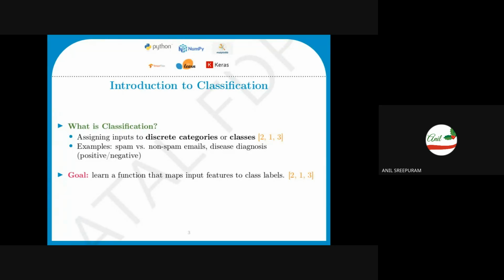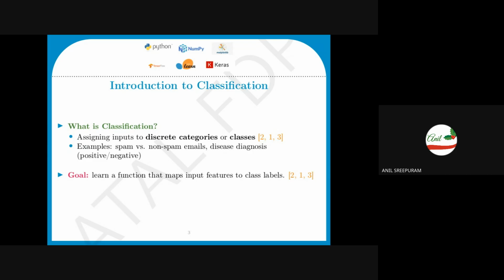Generally, our task is to categorize our inputs to separate discrete categories. And here the goal is actually we'll be given some input features, and based on these features, we want to categorize your data.